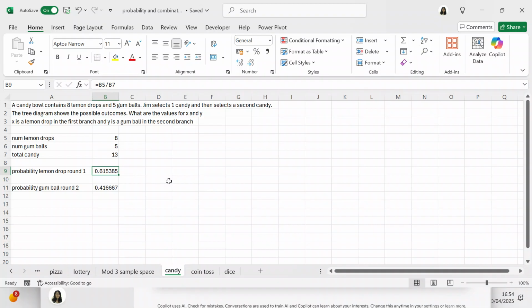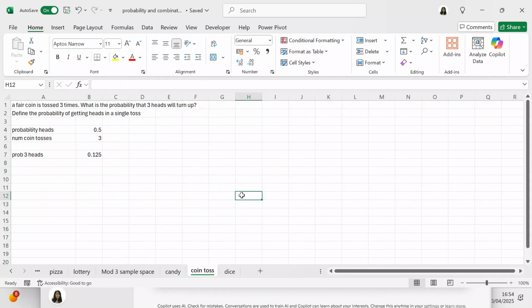And then the probability for a gumball in the second round is B6, because the first time they didn't select a gumball, they selected a lemon drop. So it's going to be B6 divided by B7 minus 1. And the reason why it's B7 minus 1 is because you've already taken one piece of candy out. So it's going to be 5 divided by 12, or 41%. So that's how you solve that problem.